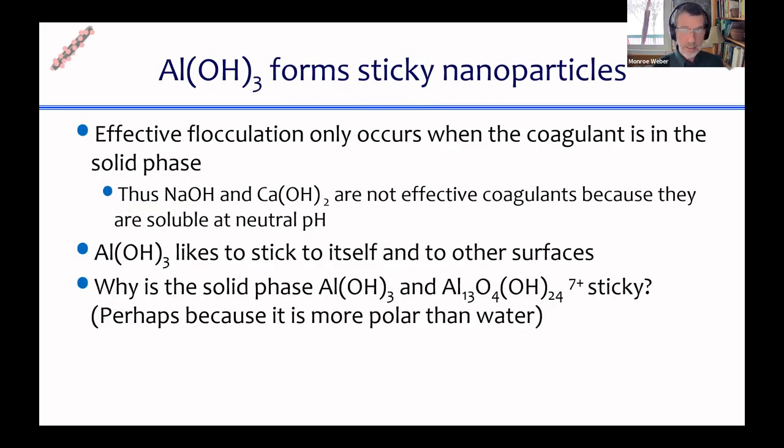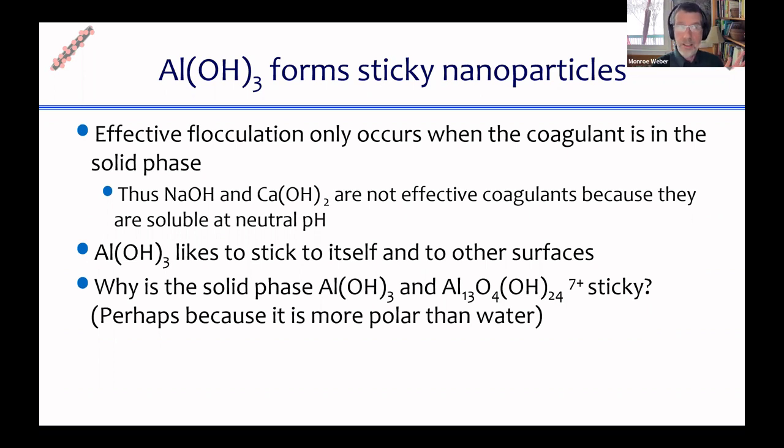The take home is that in either case, you end up having this aluminum hydroxide that is precipitating and forming these sticky nanoparticles. And I'm driving home this point about solubility. Like you could say, oh, well, why can't I add NaOH or calcium hydroxide to water?